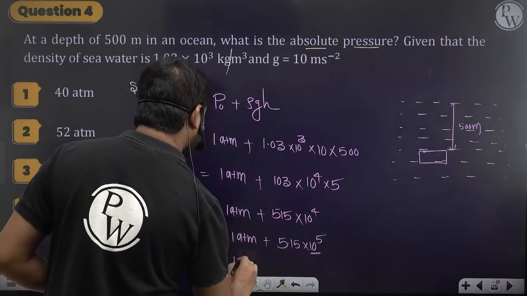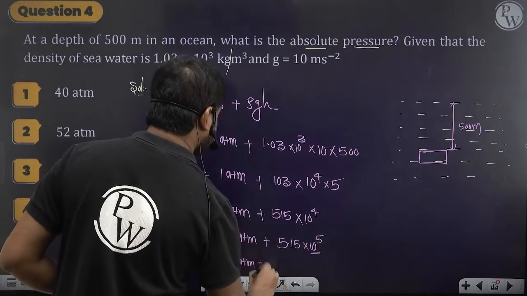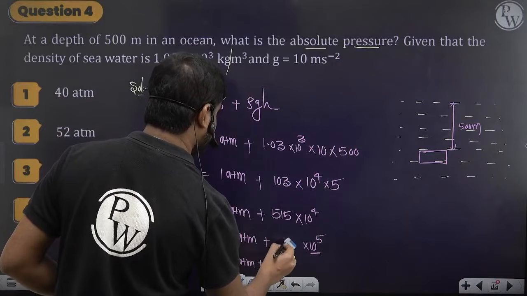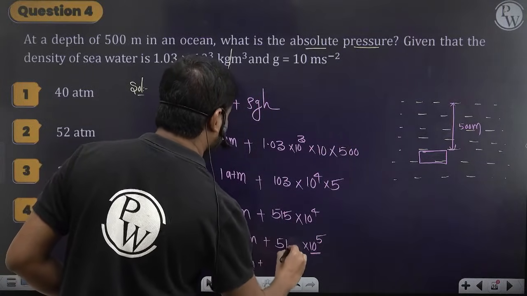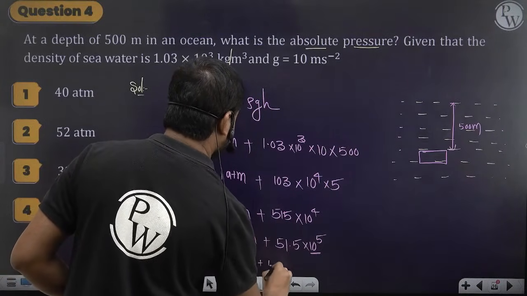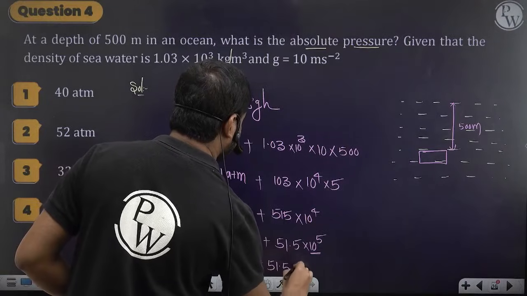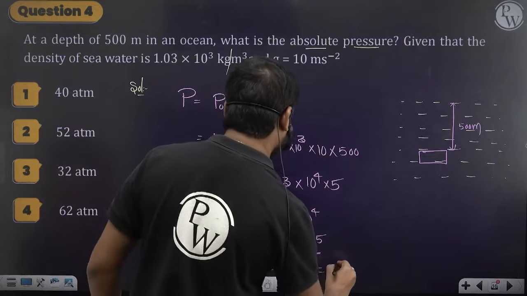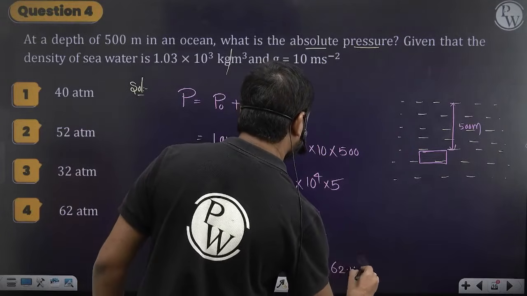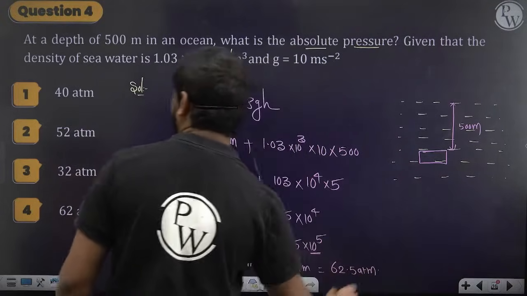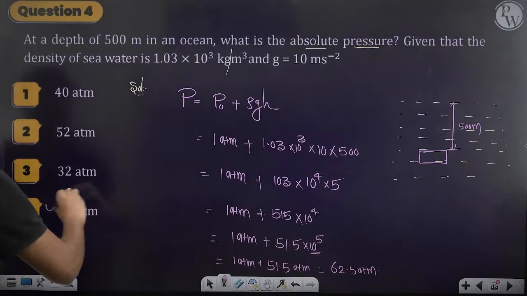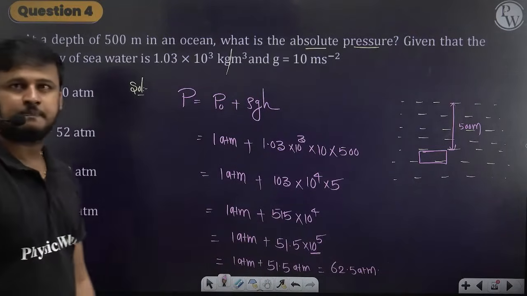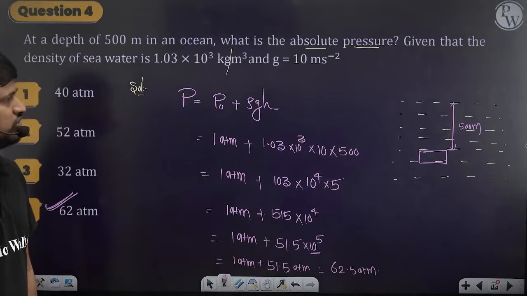So 1 atm plus, not 5.15, see 51.5, only one zero we are writing, right? So 51.5 atm. So this total comes out to be 62.5 atm, approximately 62 atm you can consider. Done? Clear.